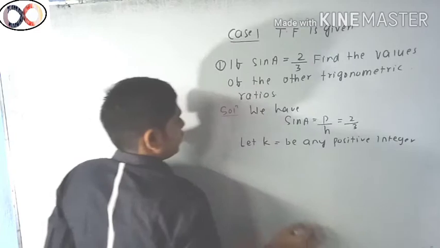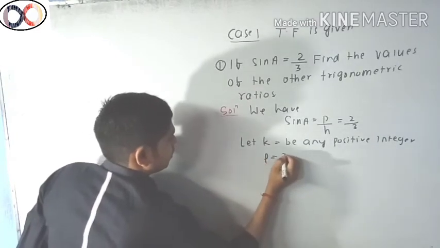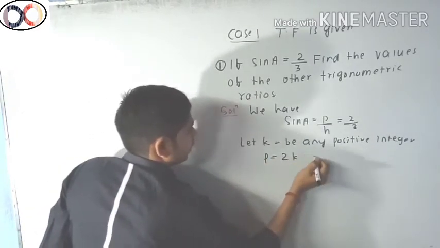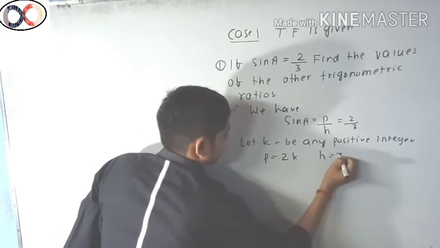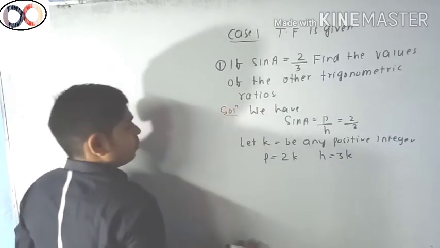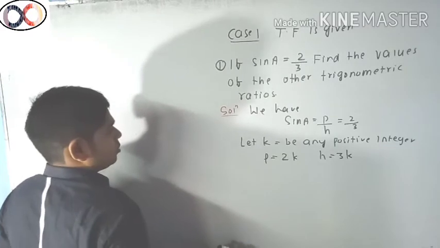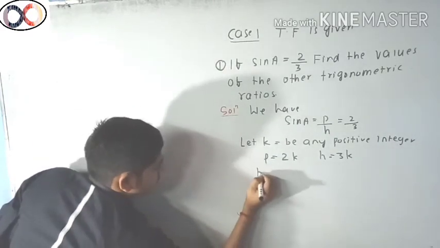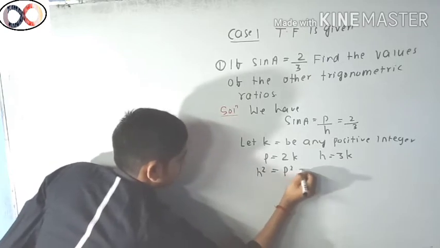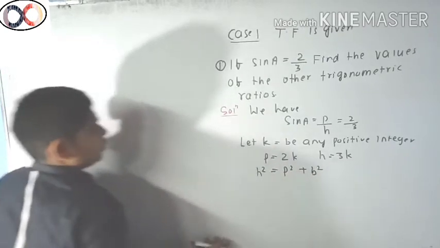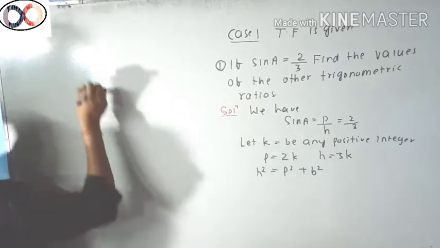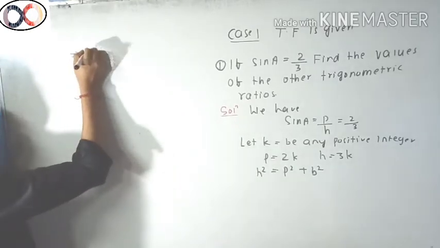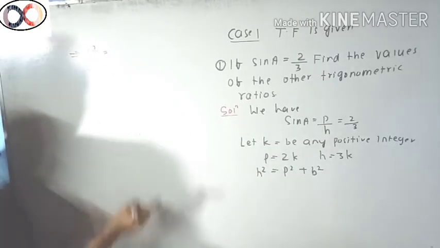So P equals 2K and H equals 3K. After that we apply the formula H square equals P square plus B square. We need to find B, so B square equals H square minus P square.